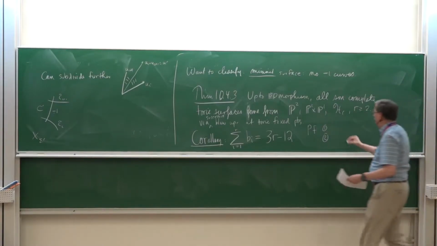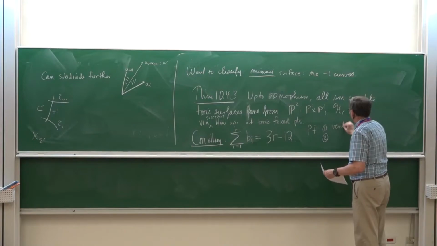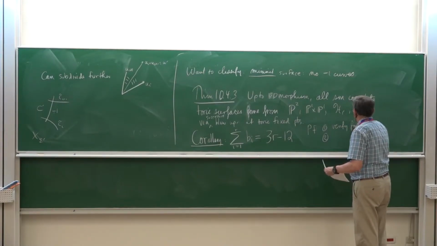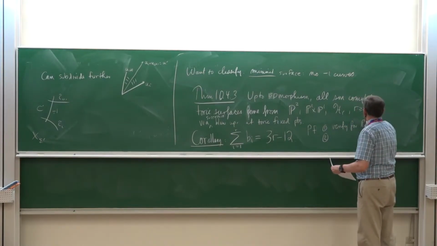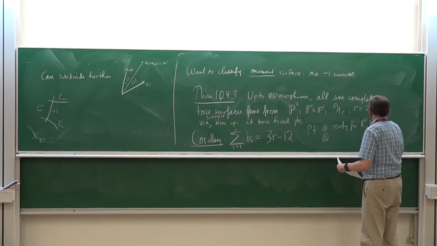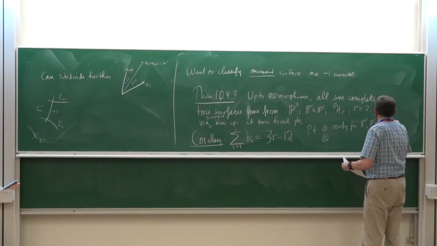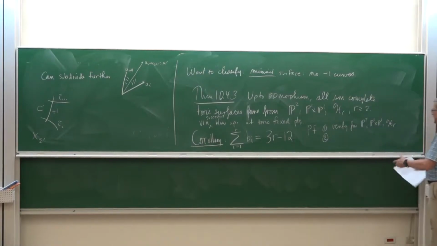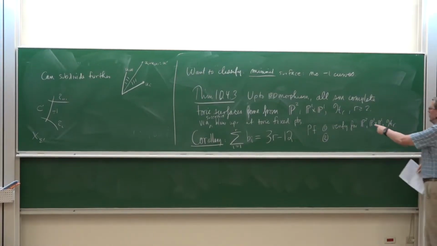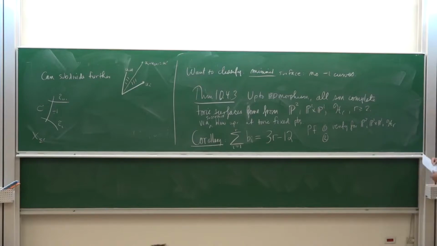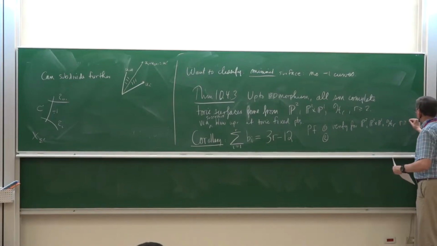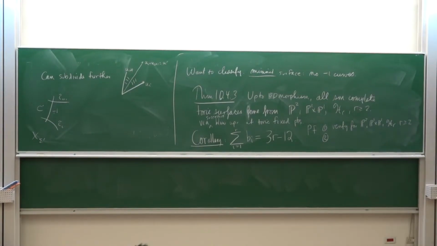One is that you verify it for the basic surfaces. And basically these either have 3 or 4 rays, and so this is a completely harmless calculation.